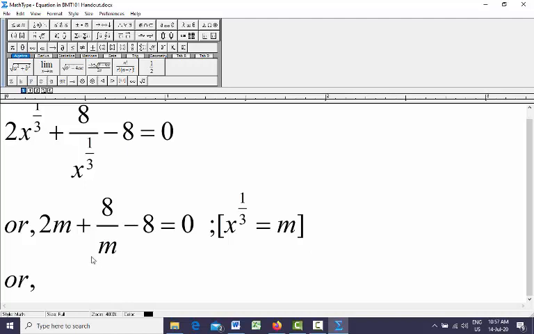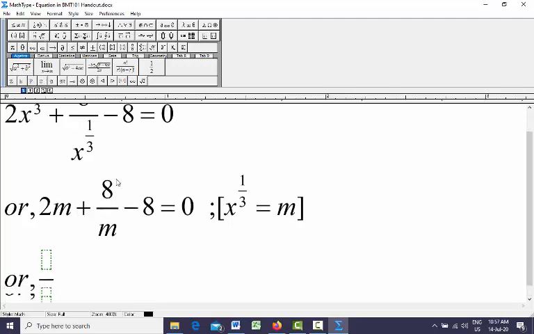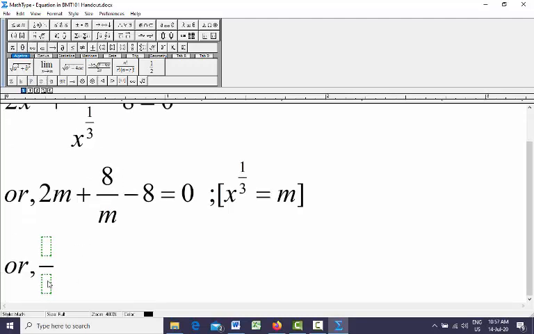Right, so now here we will do addition and subtraction. Here the LCM is m. So here we get 2m square, because when we do LCM, least common multiple, or in Bengali we call it Loshagu, the LCM is m.